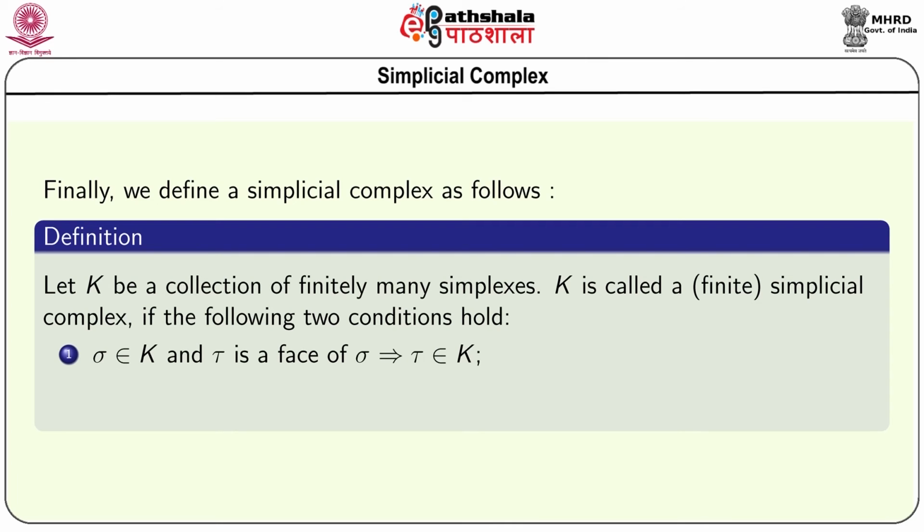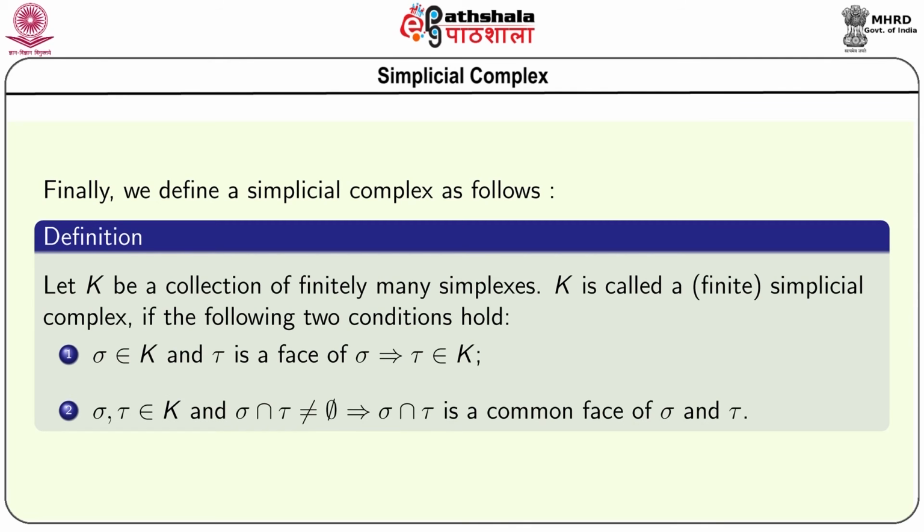Number 1 is that when sigma is a member of K and tau is a face of sigma, then tau is a member of K. By a face of a simplex, we mean that tau is a simplex with the set of vertices of tau a subset of the set of vertices of sigma.